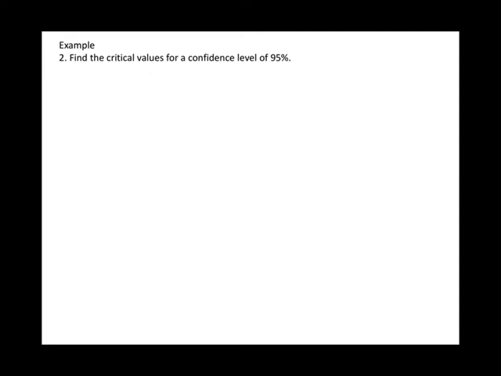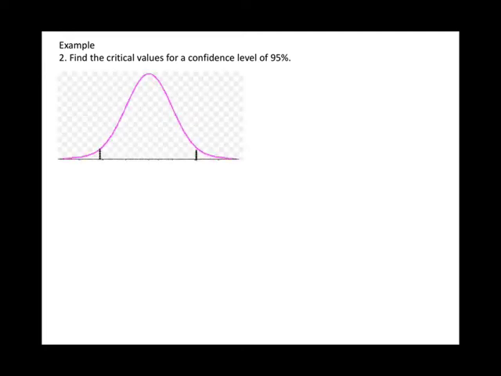Okay, 95%. So the area in the middle will be 95%. First, figure out what is the area for each tail. Find out the alpha and then divide it by 2. So you could get the area for each tail would be 0.025.